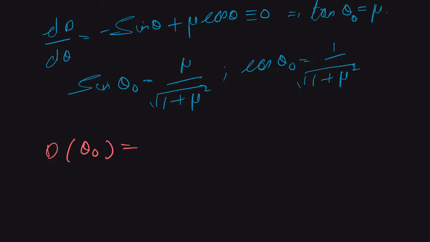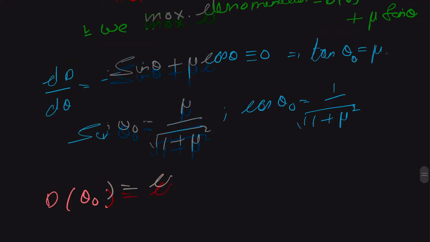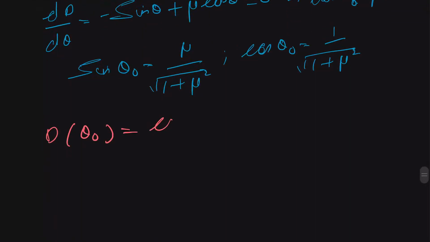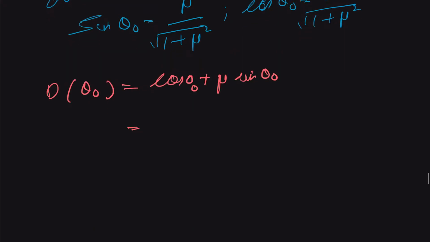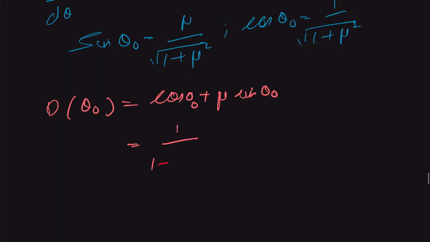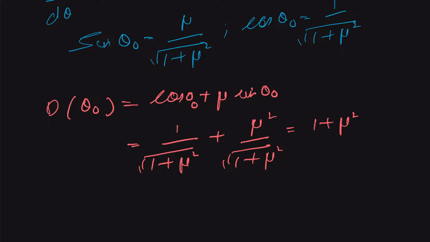We have to remember this θ naught is the θ that maximizes the denominator. So this comes as cos θ naught plus μ sin θ naught, and we substitute them. We get this as 1 over the square root of 1 plus μ squared plus μ squared over the square root of 1 plus μ squared, so this we can write as the square root of 1 plus μ squared.